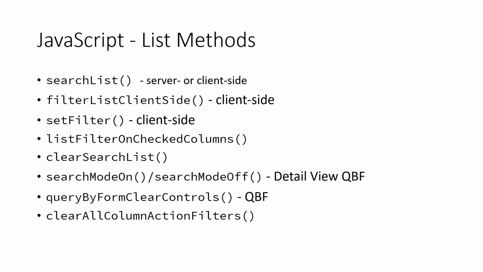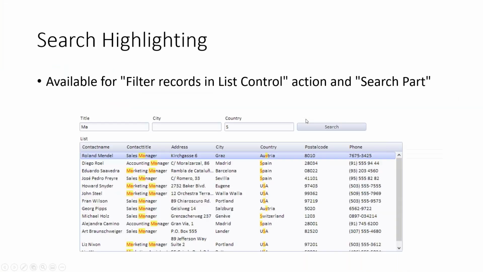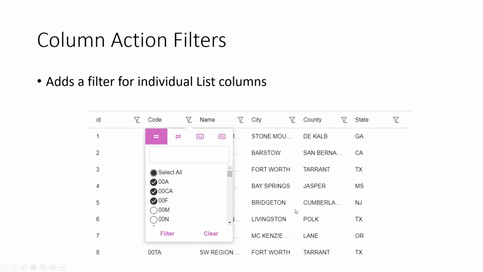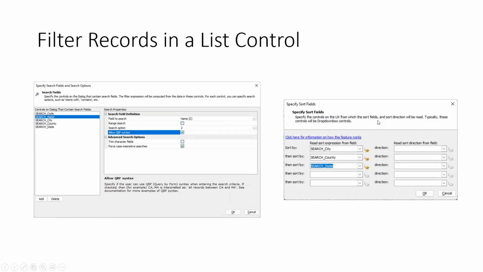And then finally, clear all column action filters. If you're using the list column actions, we'll go back up and look at that real quick. If you're using this, that clear column actions filter will go through and clear all of the filters you've created on all of those things and get it back to an unfiltered state.